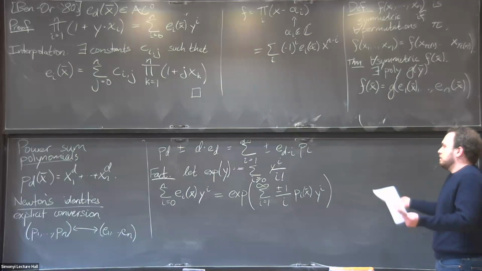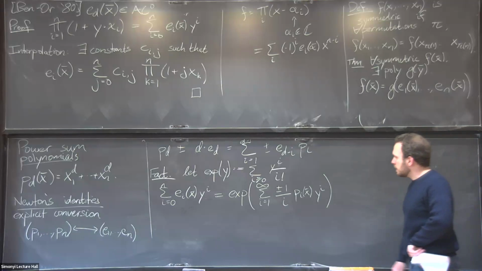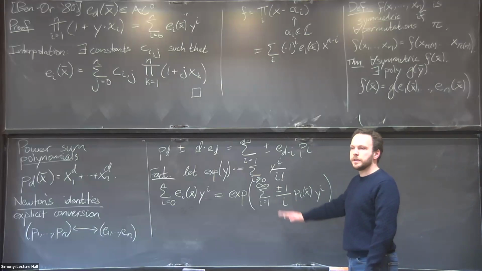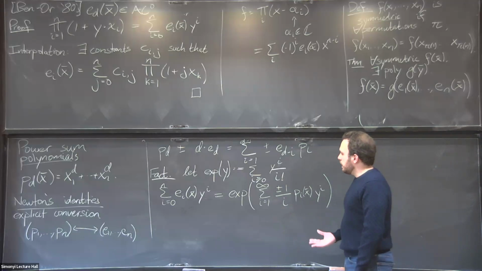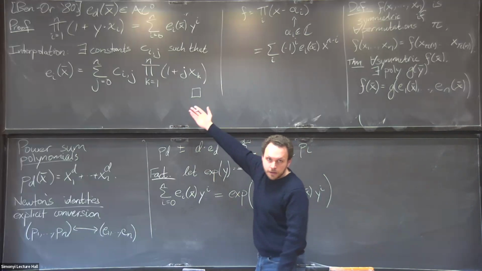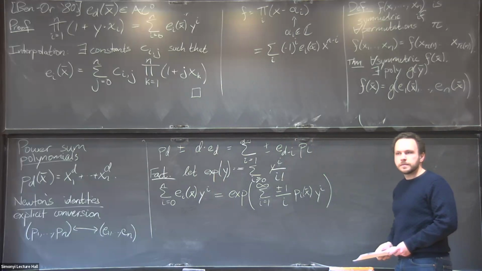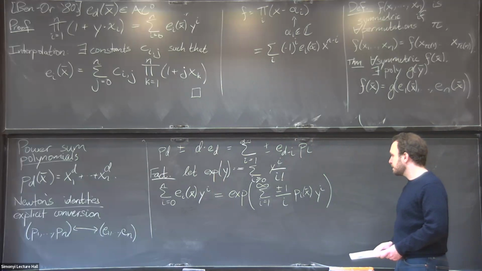Now, this is an identity, but it doesn't seem that useful, because here you have something like an infinite degree polynomial. What I'd really like to do is use some kind of interpolation, like we did here, to recover the elementary symmetric polynomials. How could we do this?